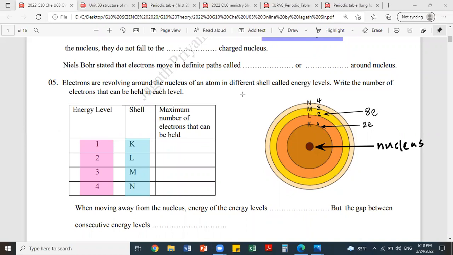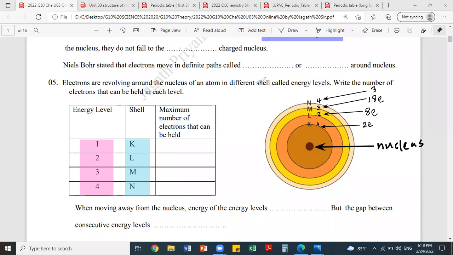The third energy level can accommodate maximum 18 electrons. Around the nucleus, the fourth energy level can accommodate maximum 32 electrons distributed around the nucleus of an atom.